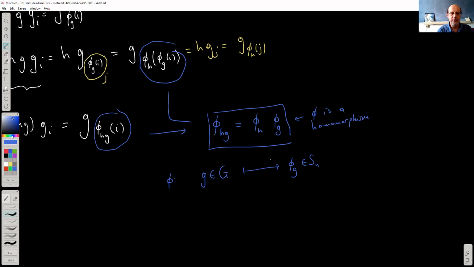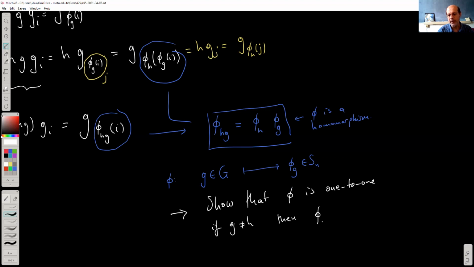And then you need to show that phi is one-to-one. This is the next step. What does that mean? It means that if g is different than h, then the permutation I get when I left multiply with g is different than the permutation I would induce if I left multiplied with h.